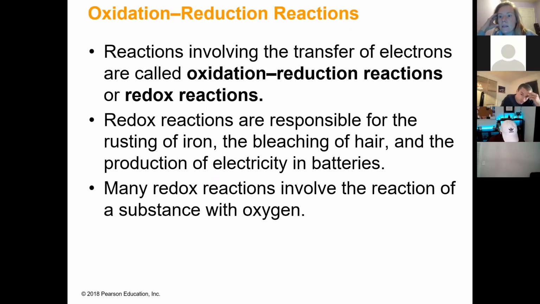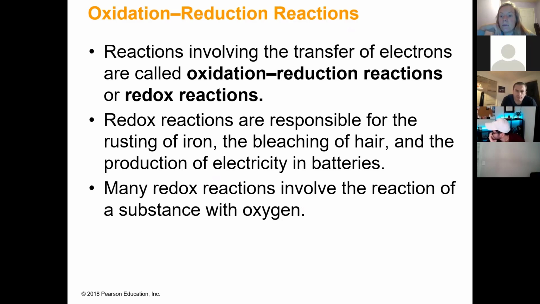So the next type of reaction is a redox reaction, or an oxidation-reduction reaction. Redox reactions are responsible for when you oxidize metal or rust iron, when you bleach your hair, the charge that you get in a battery, and all our combustion reactions, anytime we're combining a hydrocarbon with oxygen.